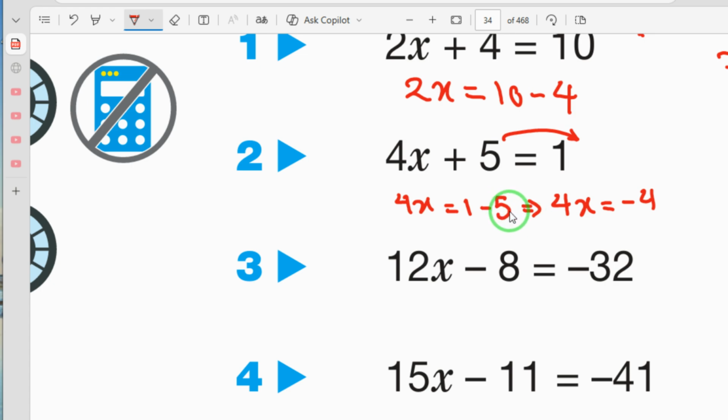Because the bigger one is negative, we take the sign from the bigger one. It means minus 5 plus 1 remains only minus 4. Now we divide both sides of the equation by 4. Here we simplify, only x remains, equal to minus 4 divided by 4. 1 times 4 is 4. The answer is minus 1.